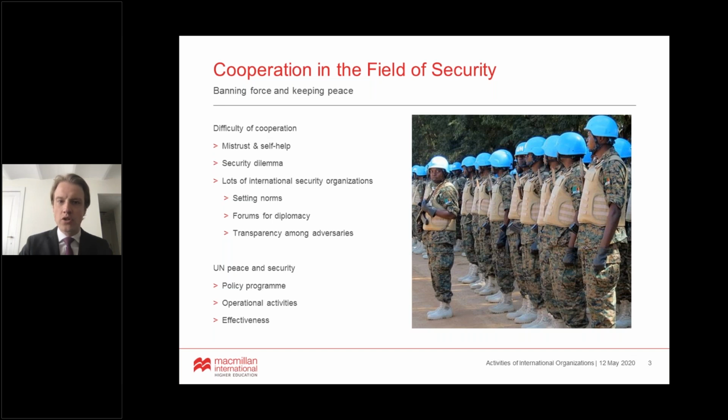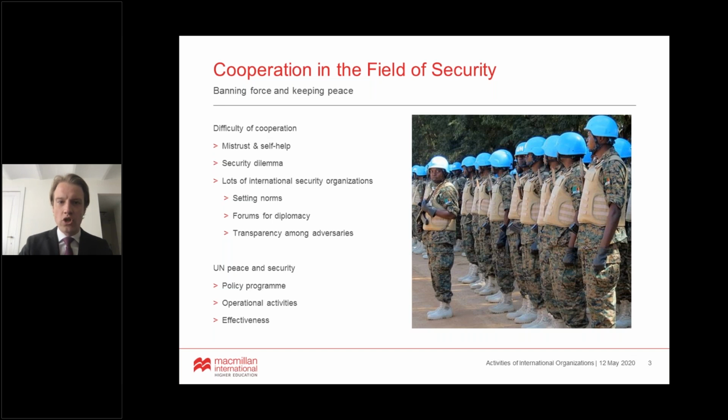What one state might do to defend itself, for instance, invest in military, might be perceived by others as offensive action, and therefore others will have to invest as well in defensive measures. And as a result, there's a spiral of increased escalation that might go out of control.